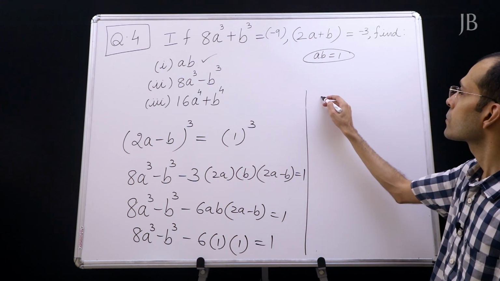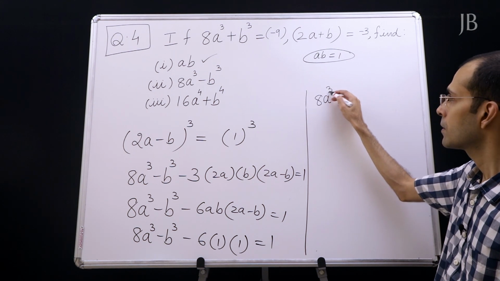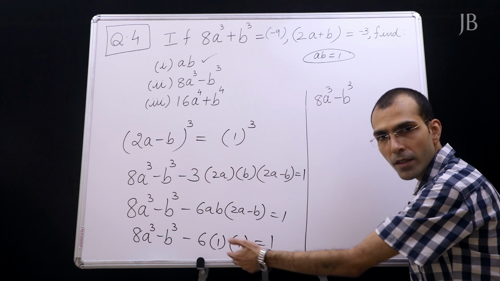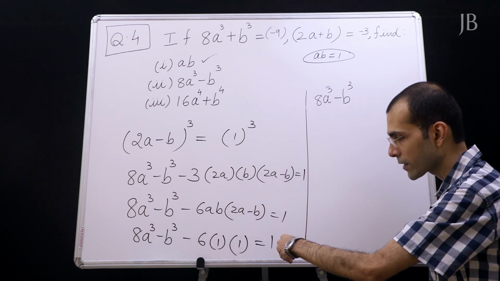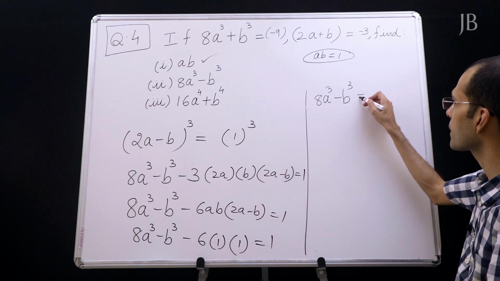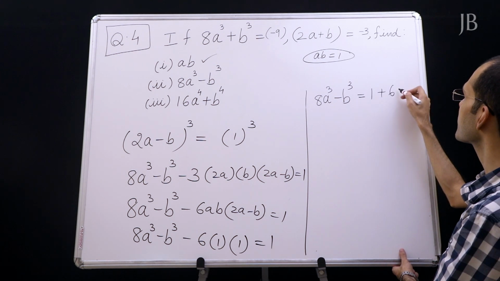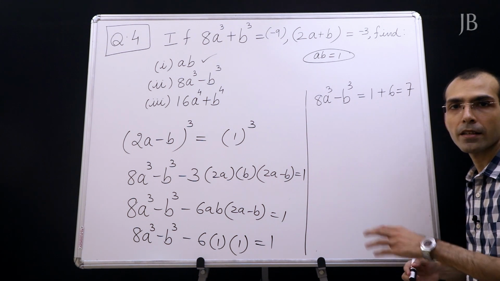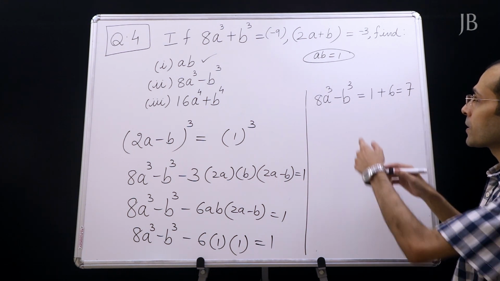Okay, so 8a cube minus b cube, this is 6 into 1 into 1, so that is minus 6. Minus 6 gets transposed on that side, it becomes 1 plus 6, that is 7.